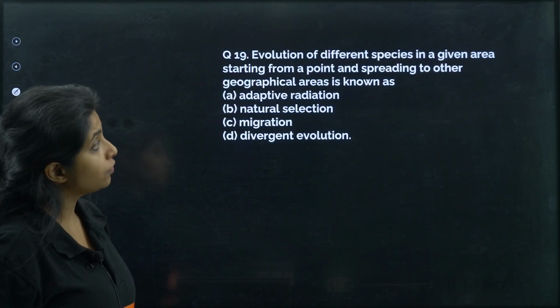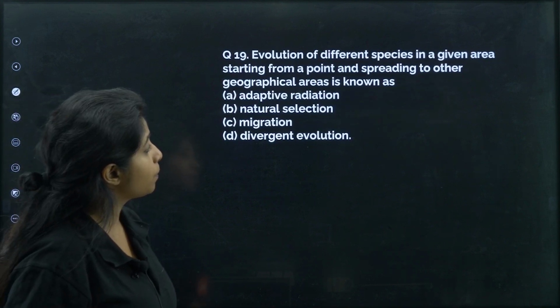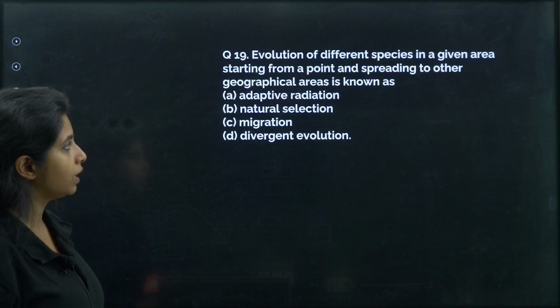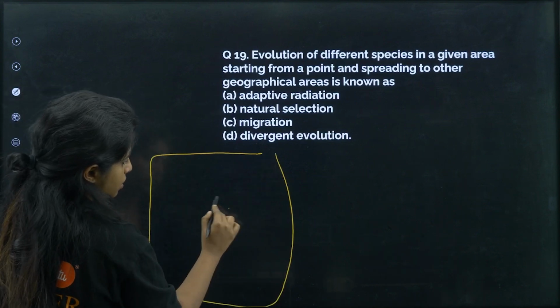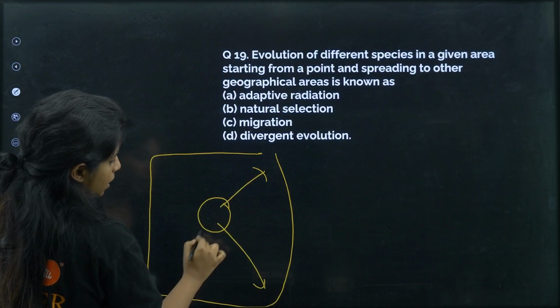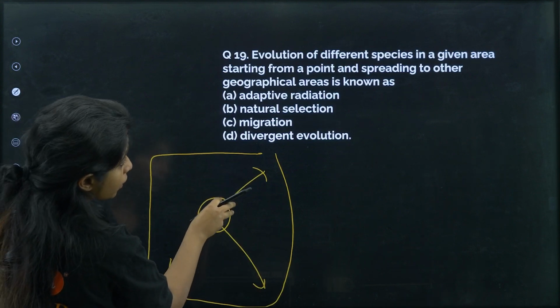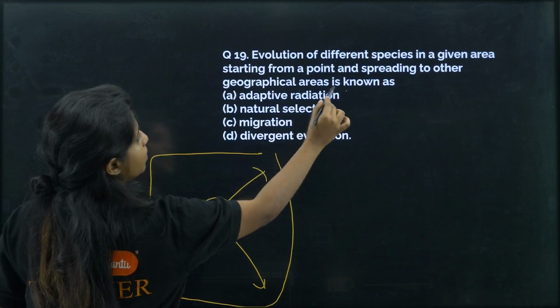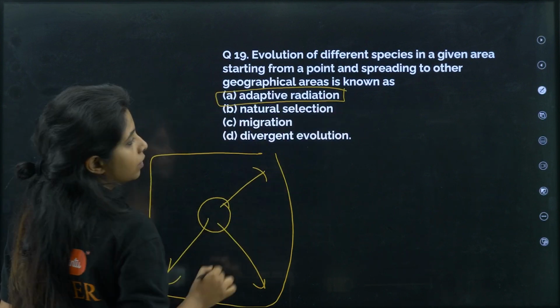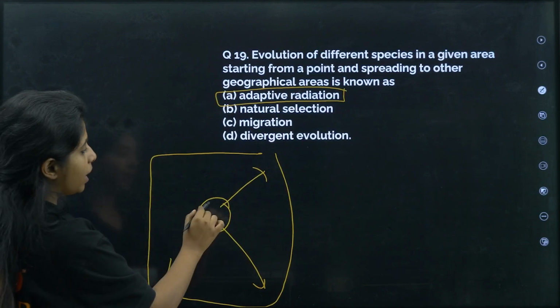Now, evolution of different species in a given area starting from a point and spreading to other geographical areas is known as, I told you, adaptive radiation. Okay, this is an example of adaptive radiation.